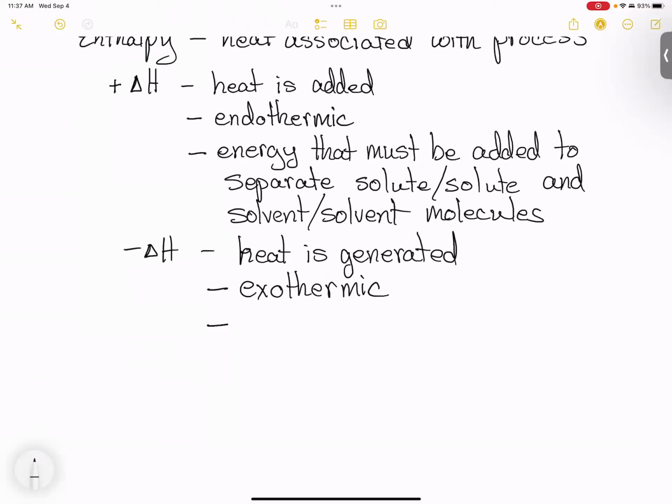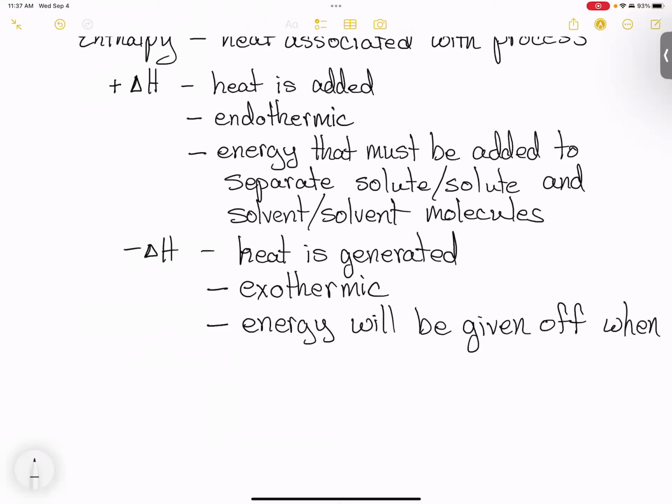In regard to a solution, energy will be given off or generated when the solute combines with the solvent.